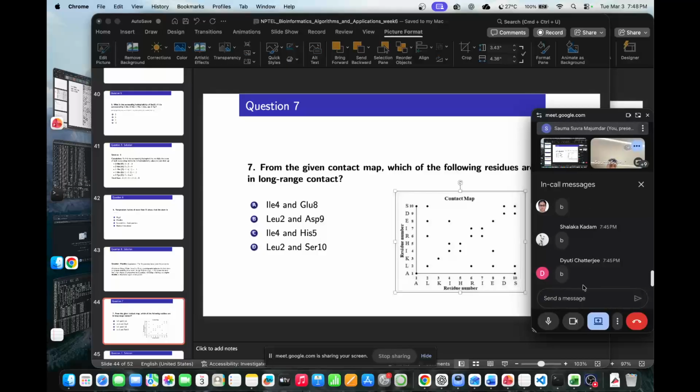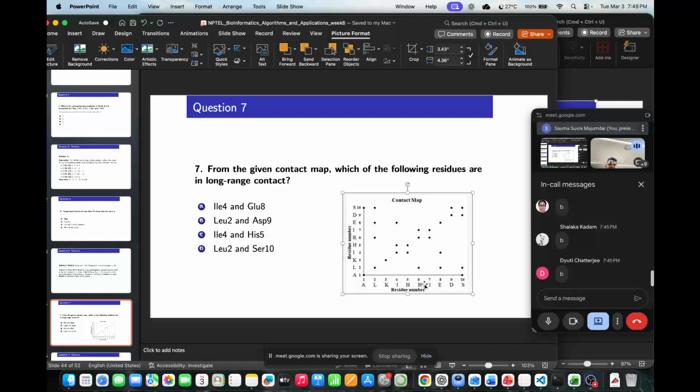Okay. This should be easy. I've been asked which is the long range contact. It should tell you in terms of the position only.